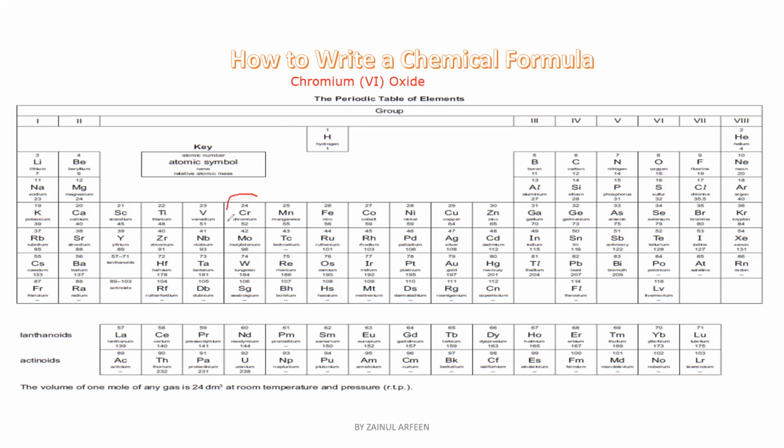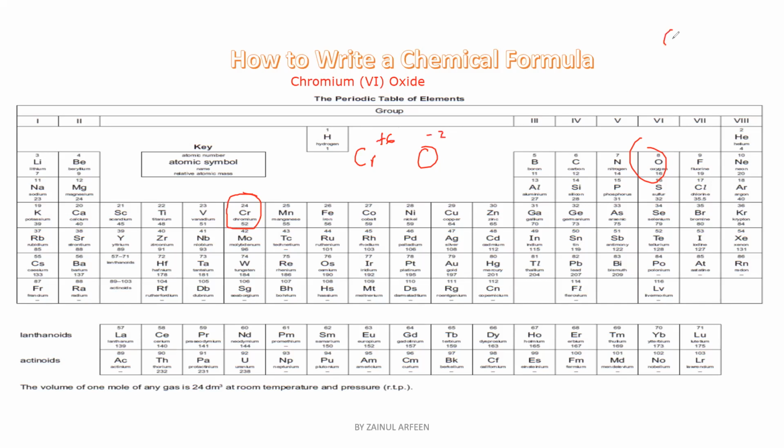First we check, this is chromium, so the symbol of chromium is Cr. And then oxygen, the symbol of oxygen is O. It's not necessary that oxygen should always be there. It can be any other element, but I'm giving you a simple example. That's why I'm taking the same element. So chromium is +6 and oxygen is -2.